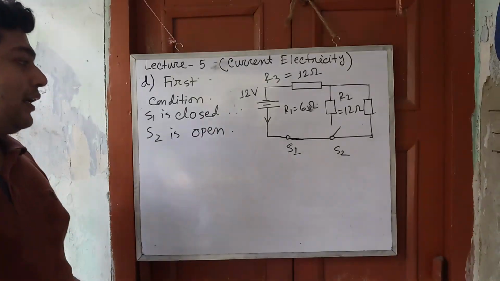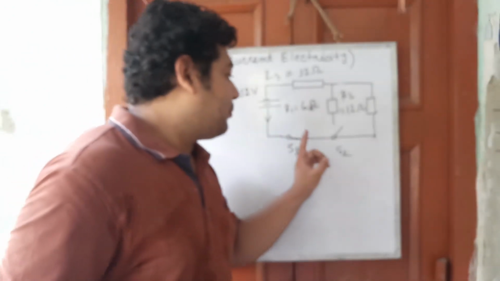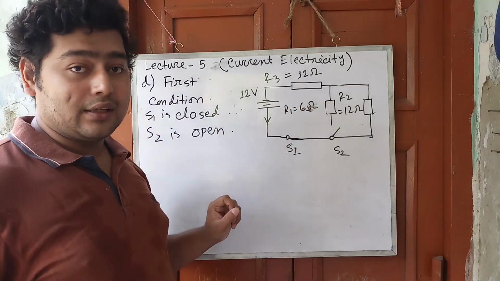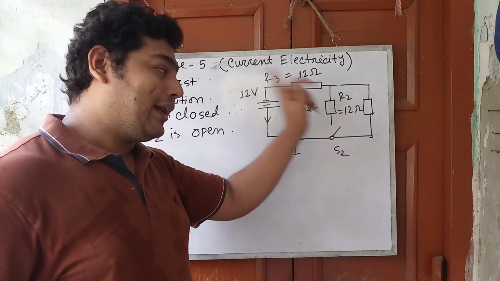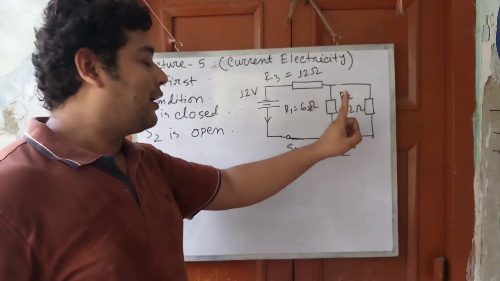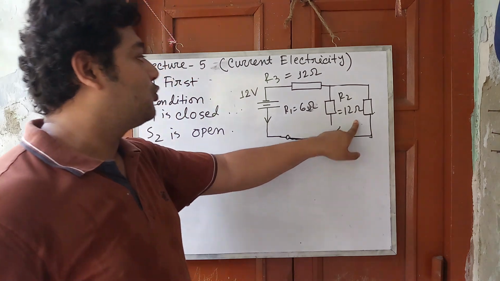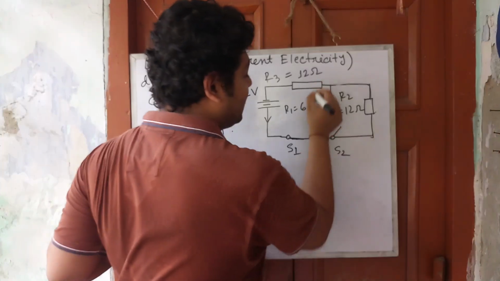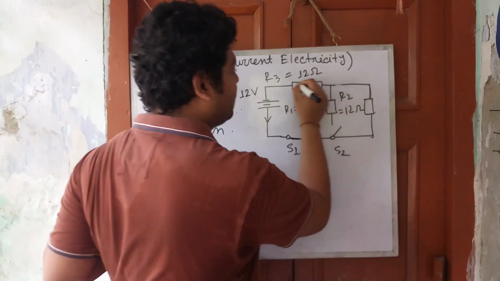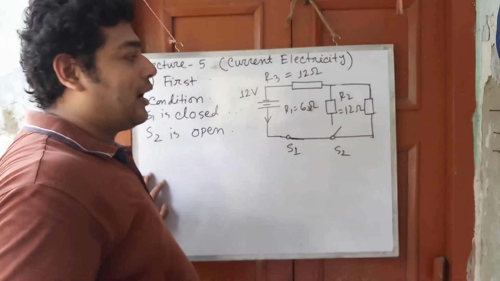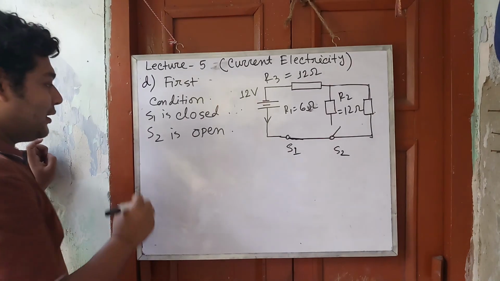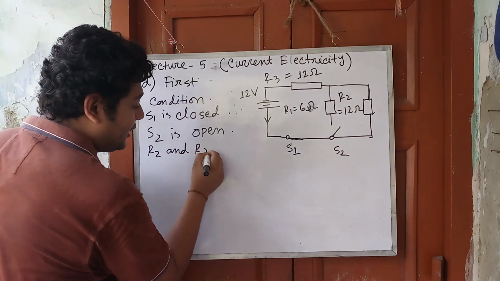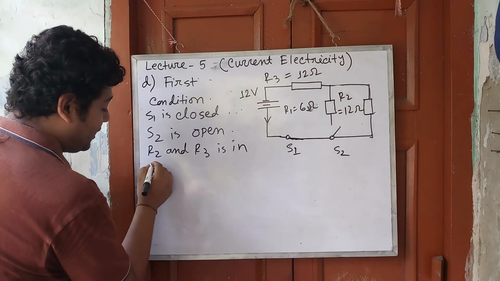Then the current will pass through resistances R2 and R3. We can see that the same current is passing through R2 and R3, so R2 and R3 are in series.